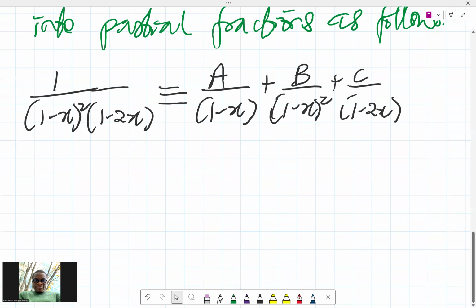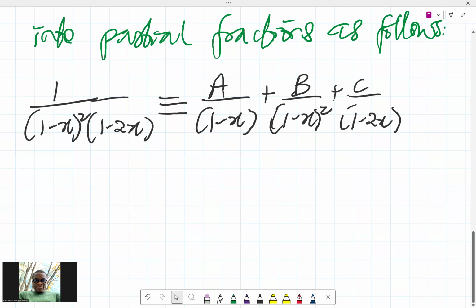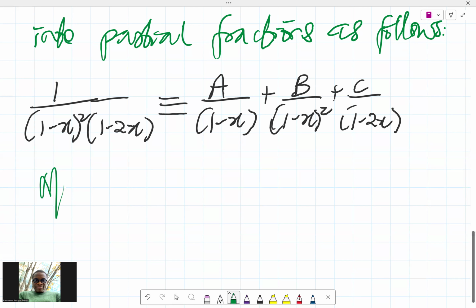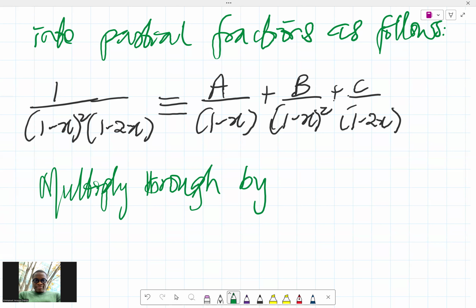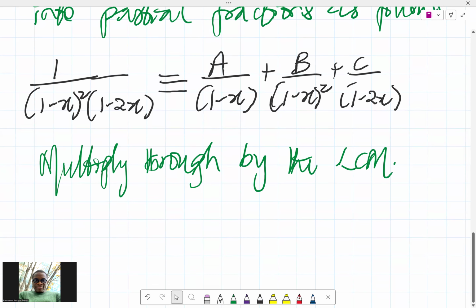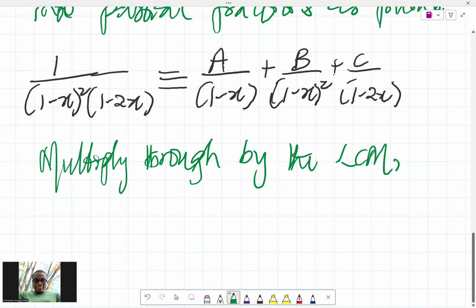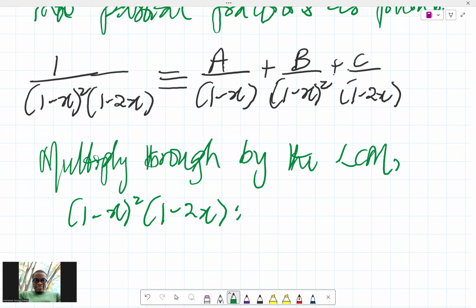So here we can multiply through by the LCM. Obviously, the LCM here is (1 minus x) squared into (1 minus 2x). On the left-hand side, that will just remain 1.